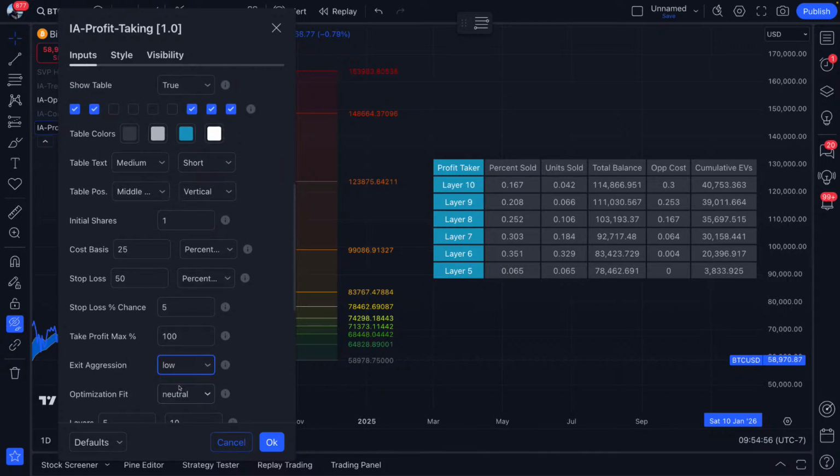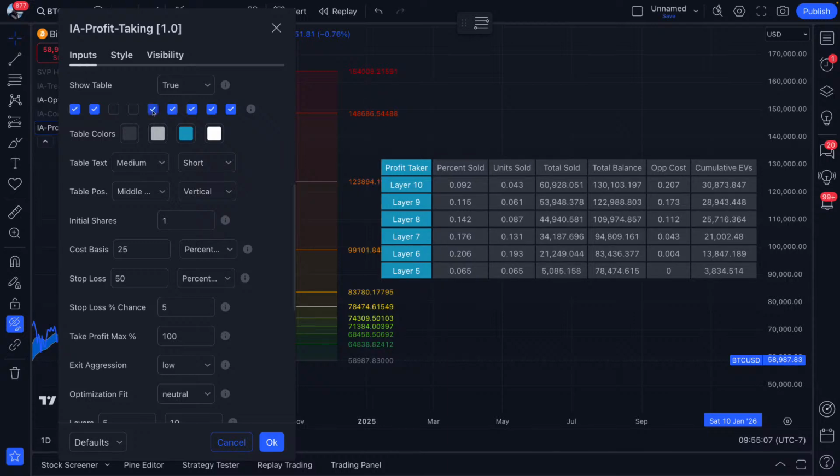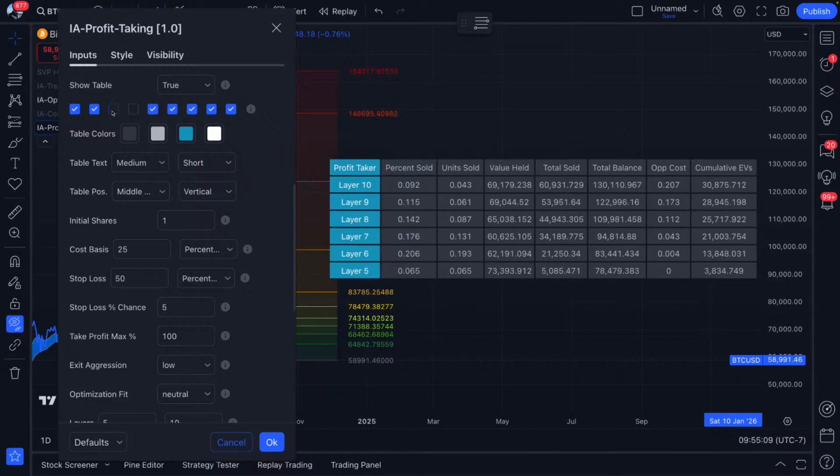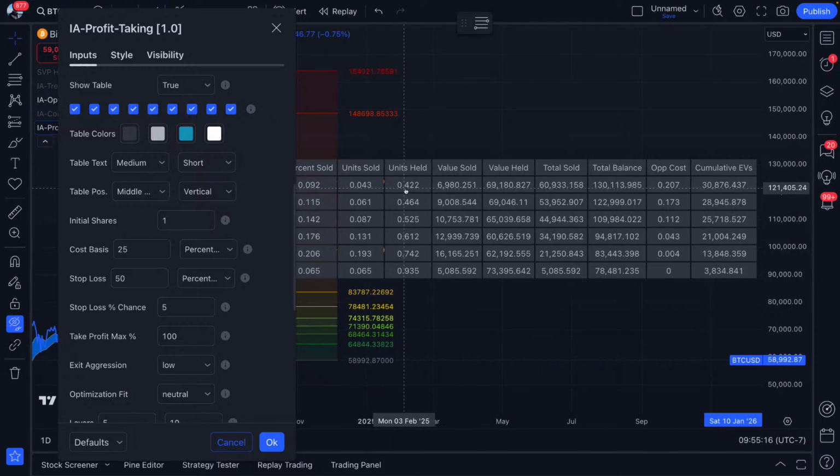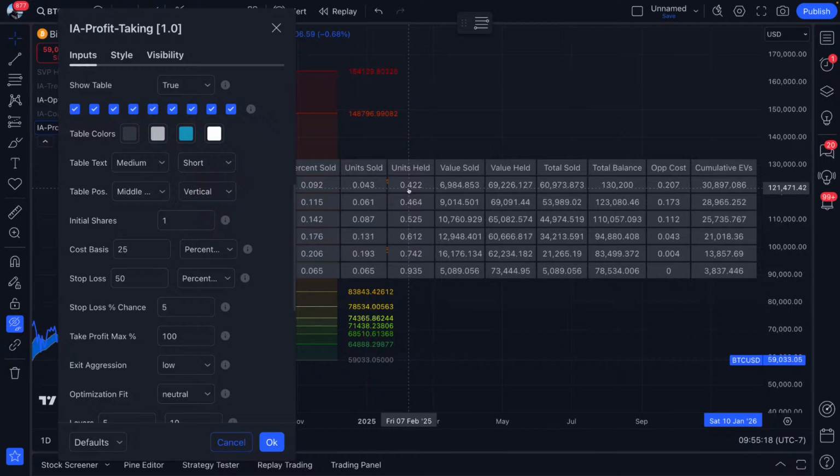You make it low if you want to keep some of your Bitcoin. And here, we'll see exactly how much we have left by turning this on here. The amount of Bitcoin we have left, we'll see it pop up. I think it's this column, the very last one, units held. We'll still have 0.422 of our Bitcoin.